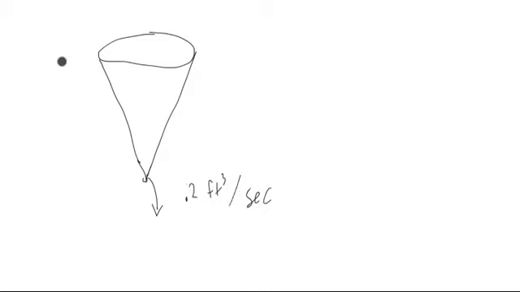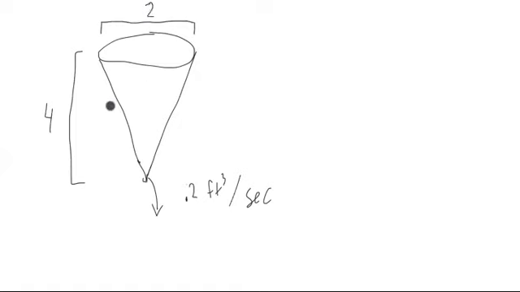Let's suppose the height of this is 4, and across this way we have 2.